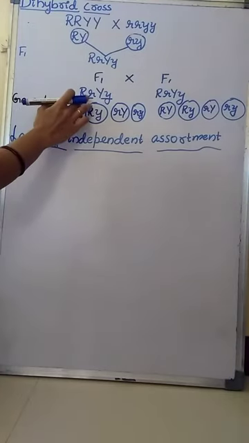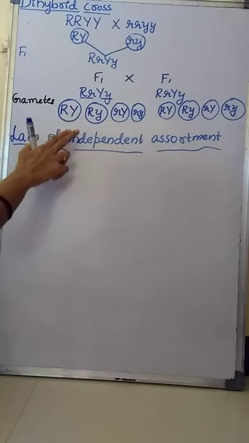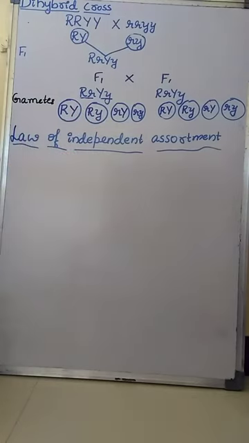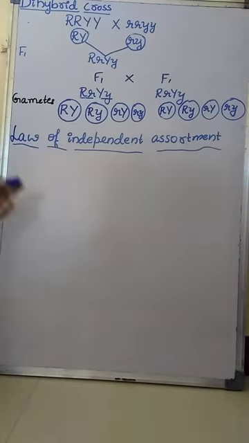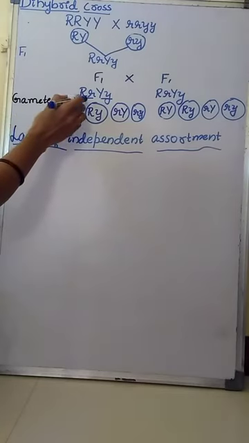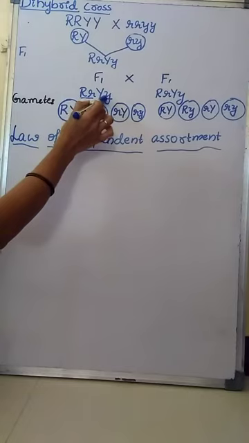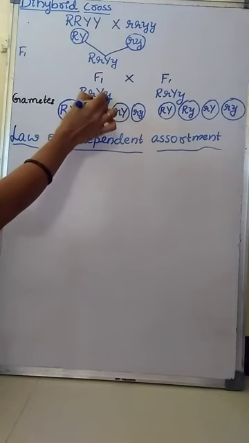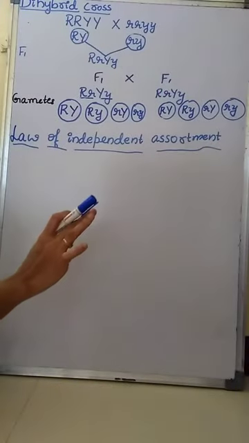This means the distribution of alleles of this character is independent of the distribution of alleles of the color of the seed character. They are completely independent.